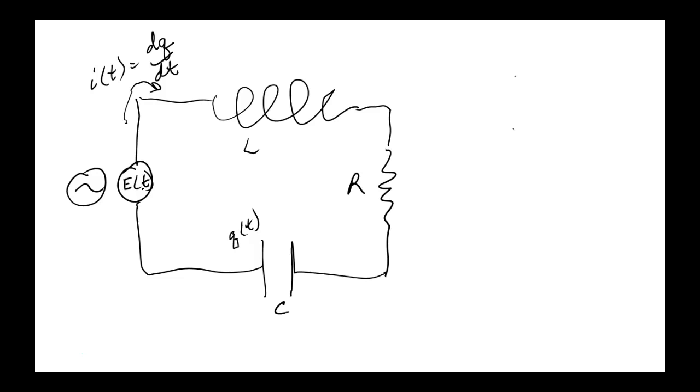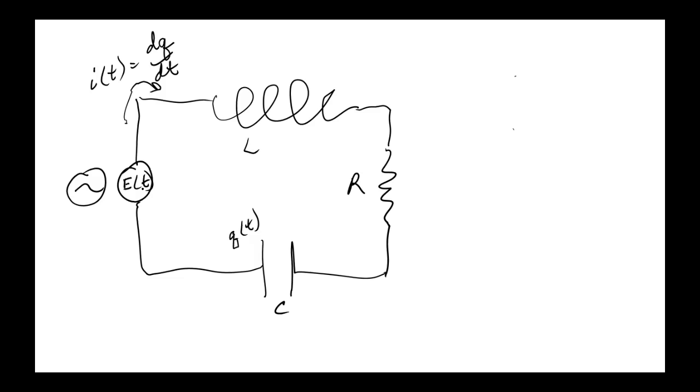Okay? Now, the impressed voltage, or EMF, on the closed loop must equal the sum of the voltage drops of the three or however many inductors, capacitors, and resistors you have. Since the current I of t is related to charge by, as I just wrote, I of t is equal to dq/dt, okay?